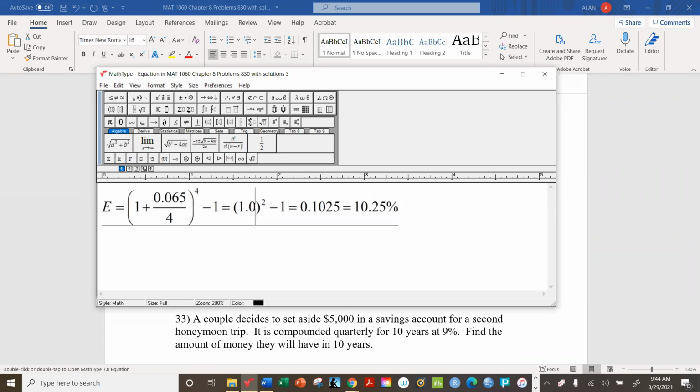Okay, now 0.065 divided by 4 is 0.01625. That's raised to the 4th power. And so that's approximately equal to 0.0666. That's good enough. 6.66%.